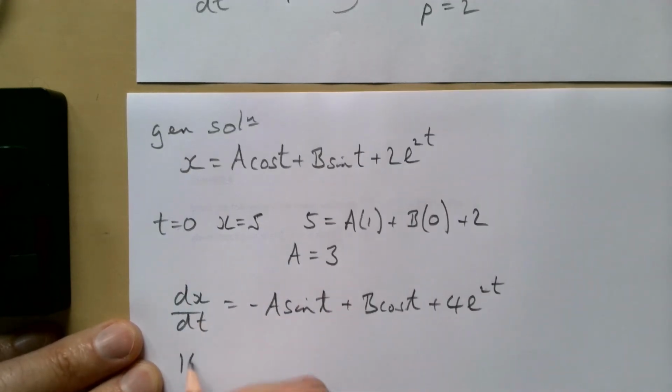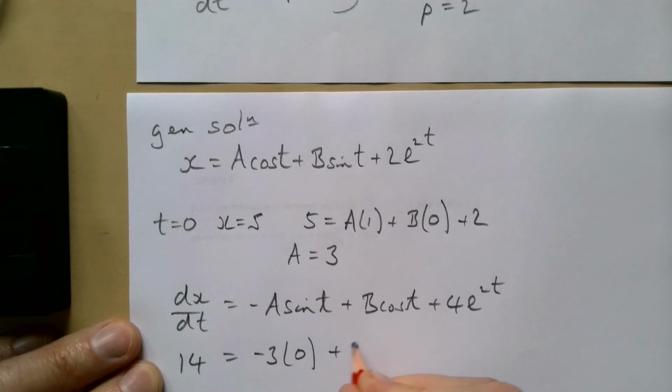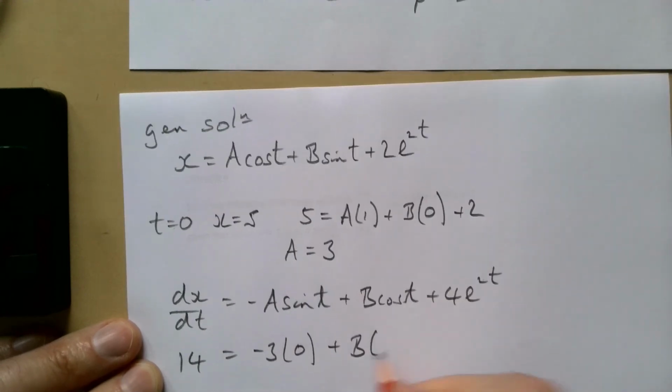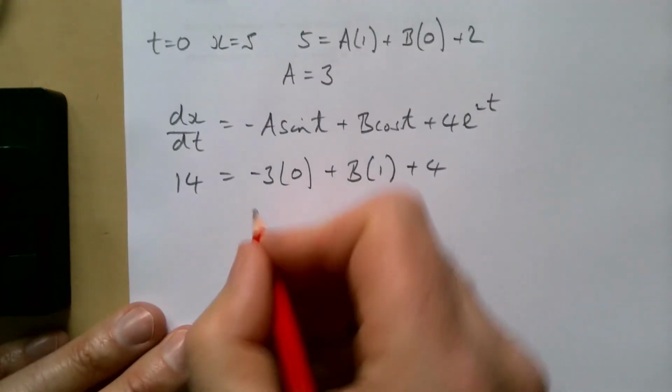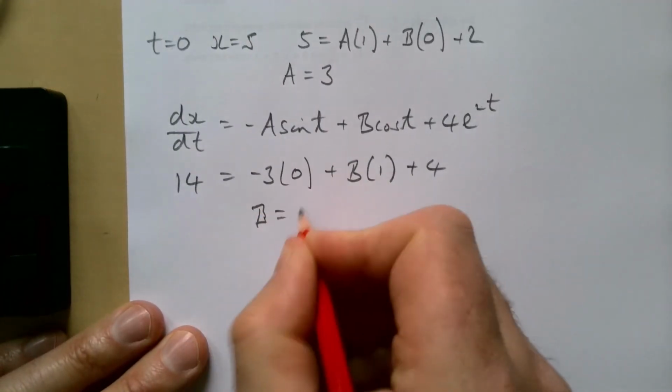So we have 14, because it tells us that in the question, equals minus 3, because we have that from earlier, times 0, so it makes no odds anyway, plus b cos of 0 is 1, plus 4.